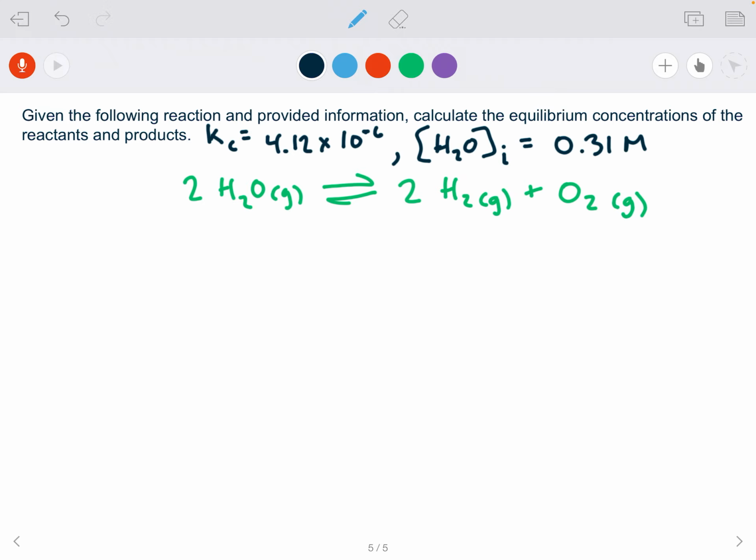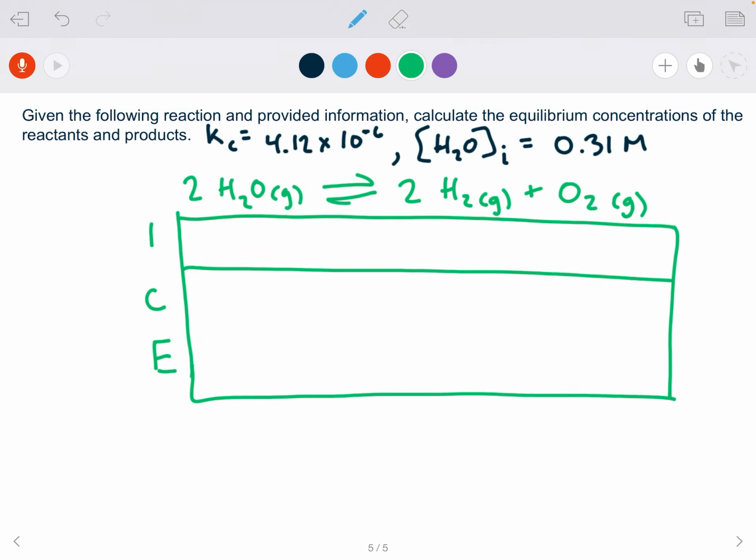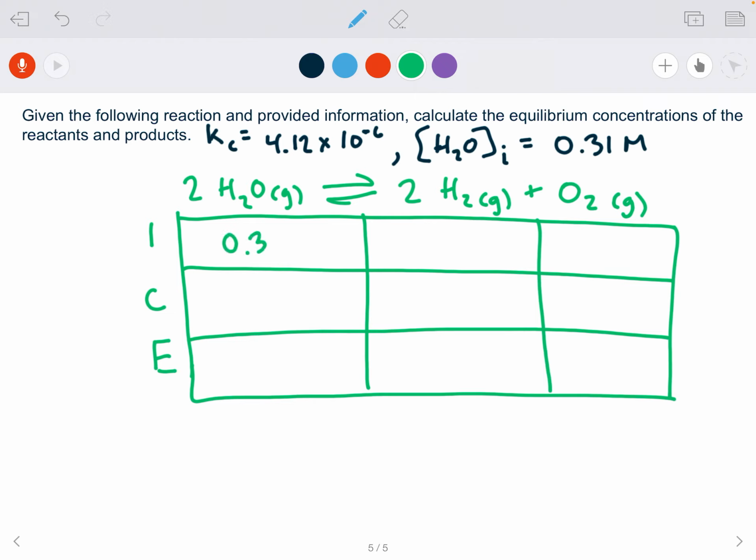Okay, I'm going to set up an ice table here again. So we got initial, change, and equilibrium. We're told initially that the concentration of H2O is 0.31 molar.